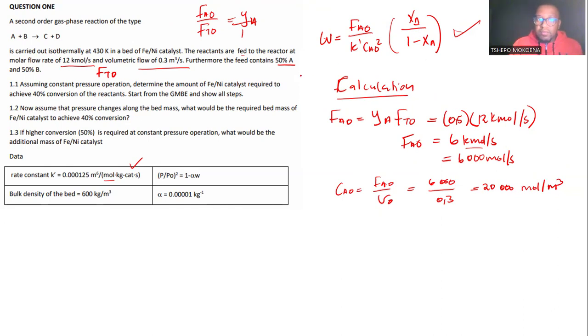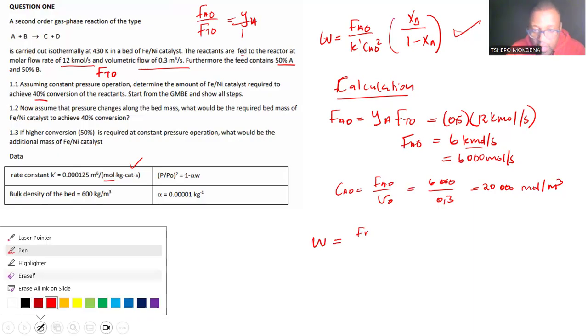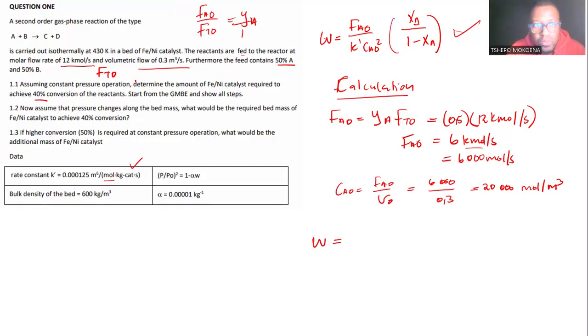And then what about the conversion? It was given that it's 40%. Then all we are left with is to calculate the final answer. To calculate the final answer, we're going to say the weight is equal to FAO. So our FAO, how much is it?